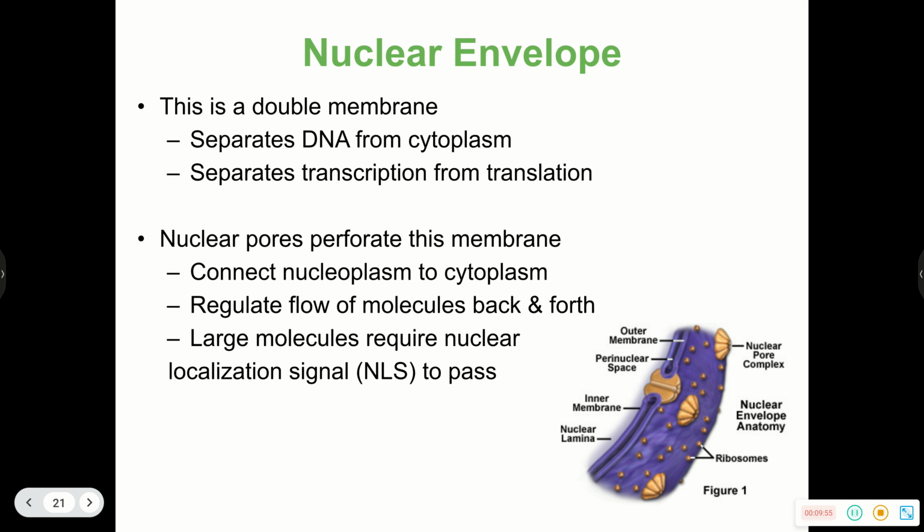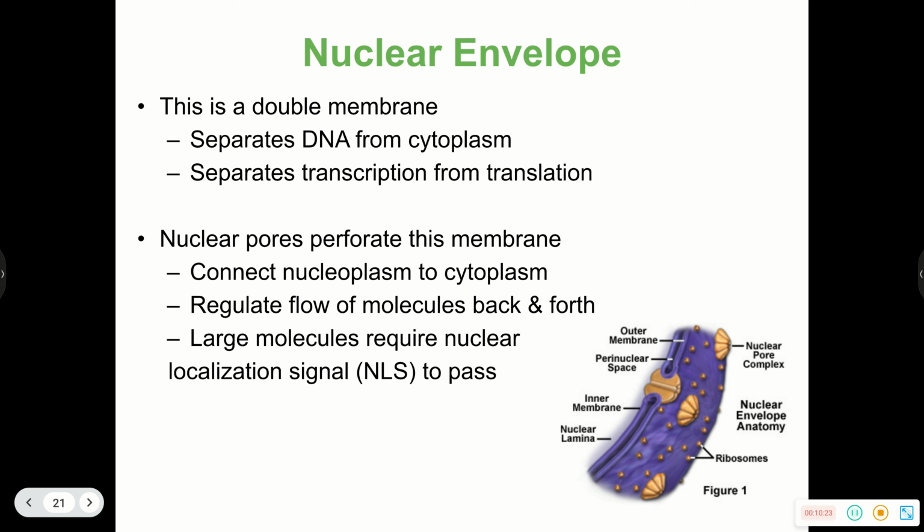You either have facilitated diffusion, which means energy is needed to make the proteins bring materials in through the channel, or non-facilitated diffusion, which means it just comes through automatically. There's no energy that's needed. Larger molecules will always need some sort of energy to be able to pass back and forth.